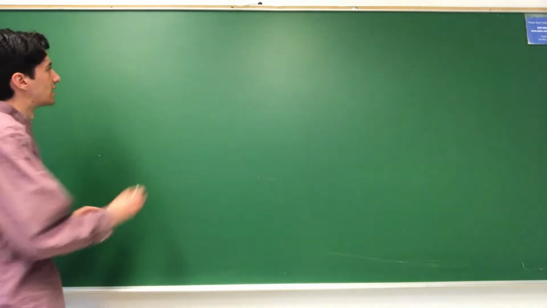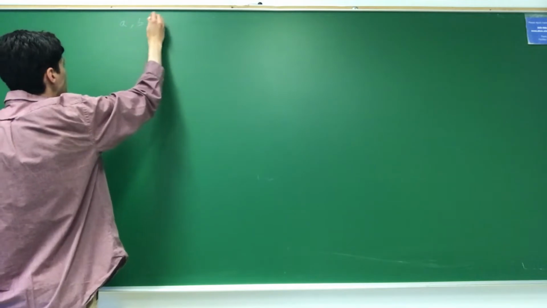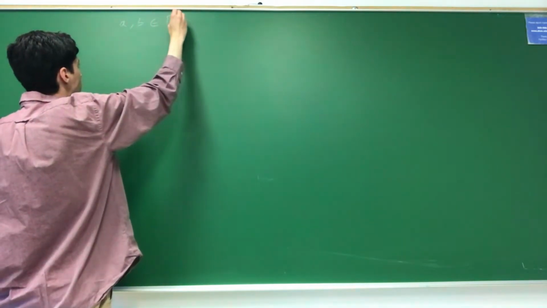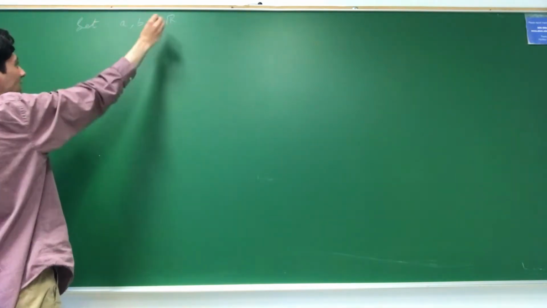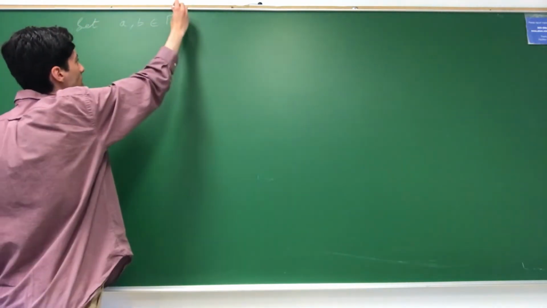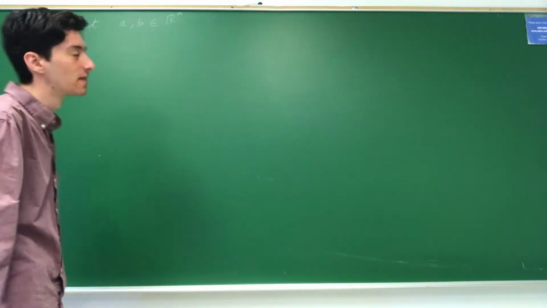So if we were to say that A and B are in Rn, right? And maybe we'll say, let A and B be elements of Rn, where n is a superscript there.